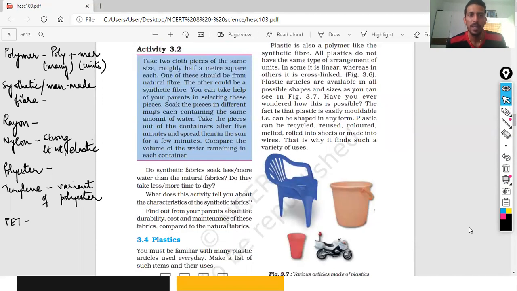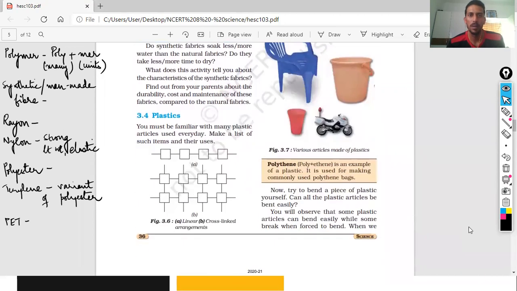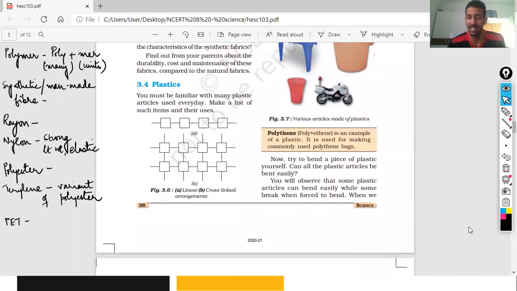Now, going forward, when we talk about these kinds of materials, I wouldn't call them metals, I will call them materials, because we're talking about plastics. Now, there are two variants of arrangements that we can see. One is a linear variant wherein the bond is very thin and it keeps going. The other variant is a cross-linked arrangement.